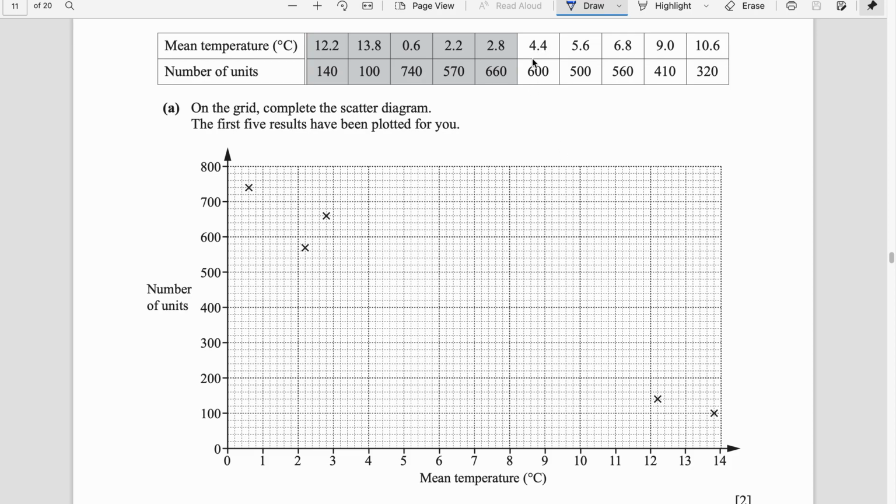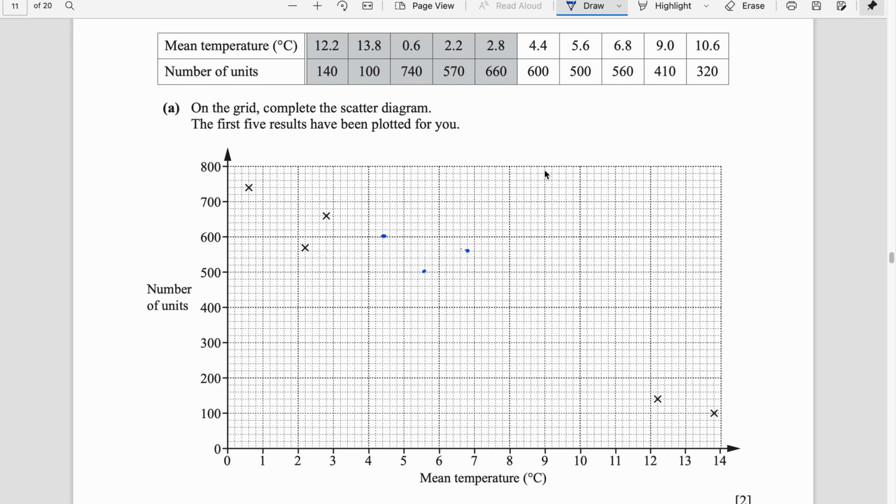So at 4.4, it is 600. So 4.4 and 600, 5.6 against 500, 6.8 against 560, and each one is of 10 units.